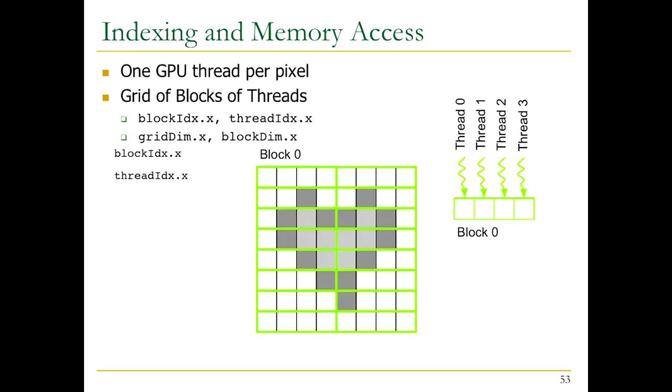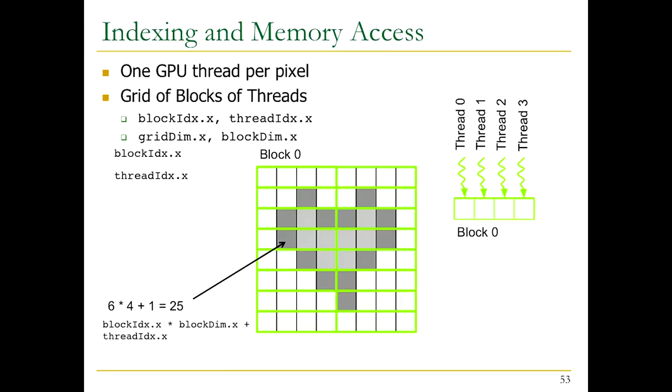So now we are going to see how we have to index each particular pixel using our thread block index, blockIdx.x, and our thread index, threadIdx.x. In this case, if we want to access one particular pixel, we need to make use of the thread block index, the block dimension, and the thread index.